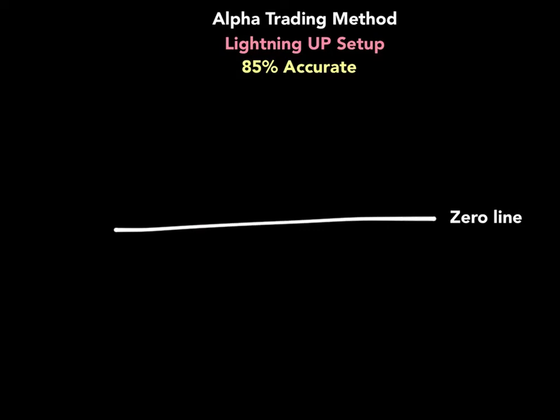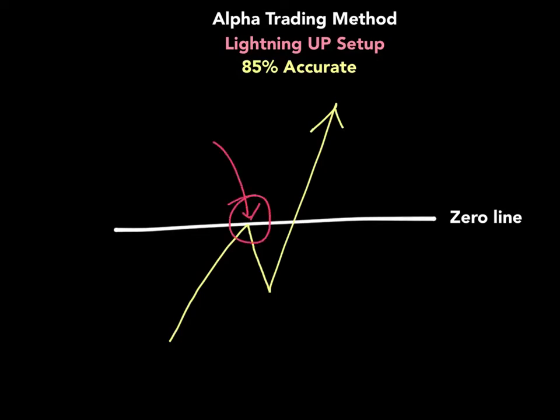Then I'm going to explain where and how to apply it, and it's not applied to the price. It's applied to an indicator that I'm going to talk to you about in a later video. So the setup: first we have the lightning forming, testing the zero line, retracing, and then going up. The first test is right here on this point.